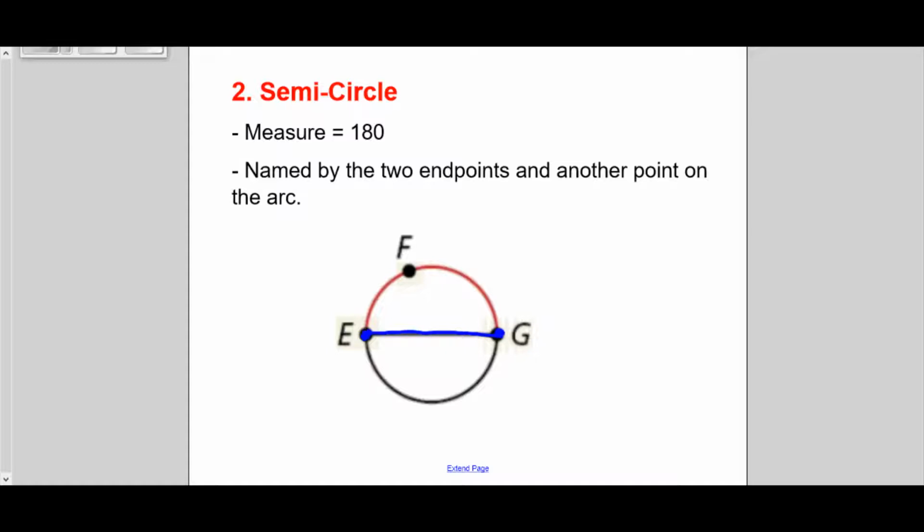If I want to name this arc, I would start with E, then F, and then G. Your endpoints have to stay at the end, and we would put a little arc over it. The measure of this arc is 180 degrees because this is half of a circle.